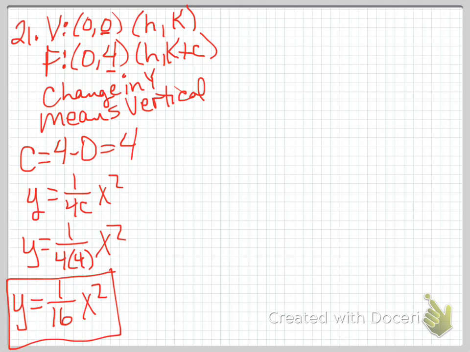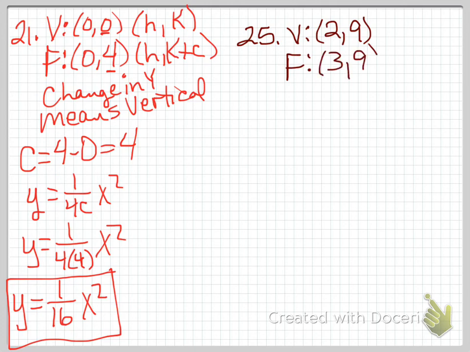And we want to make sure that you're understanding what we're doing when I have a vertex not at the origin. Okay, so number 25, I have the vertex at 2, 9. My focus is at 3, 9. Okay?